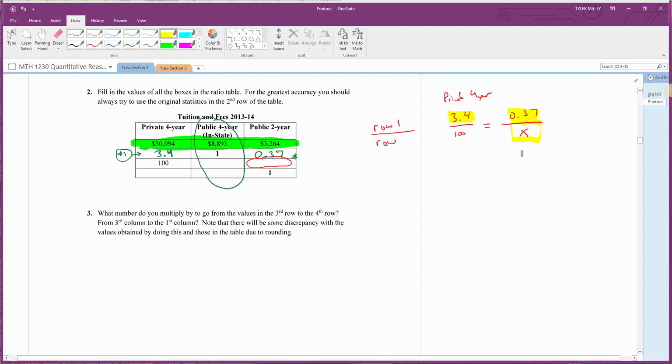Although this proportion isn't set up wrong, we just have to keep that in mind. So we want to avoid rounding error. So to be able to do this better, let me erase this.